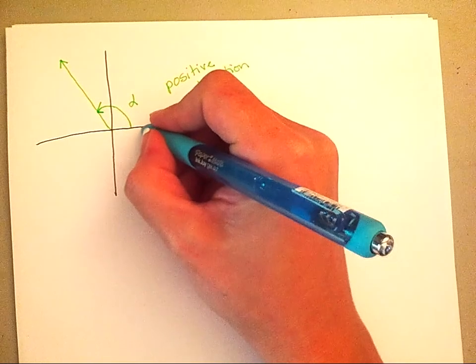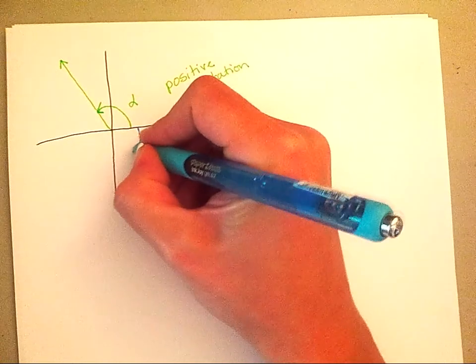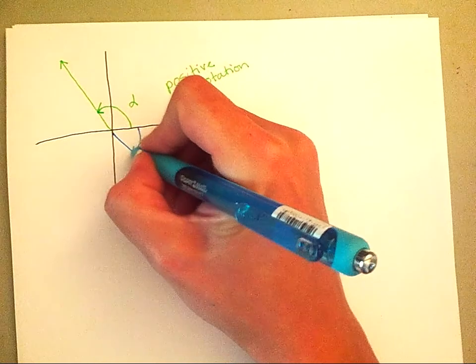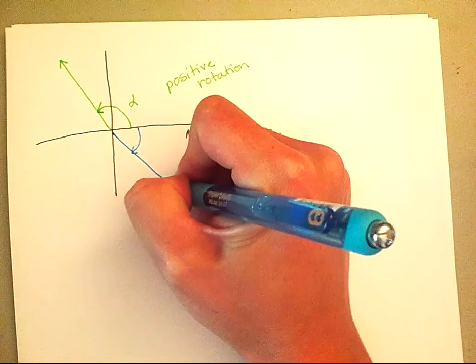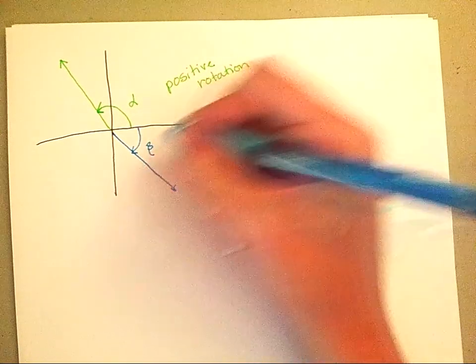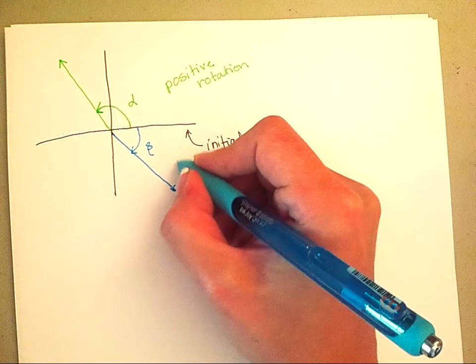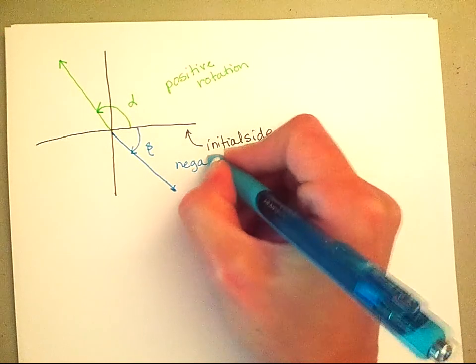On the other hand, what I could do is measure an angle downward, like so. This is a different angle, we'll call that beta. This is a negative rotation.